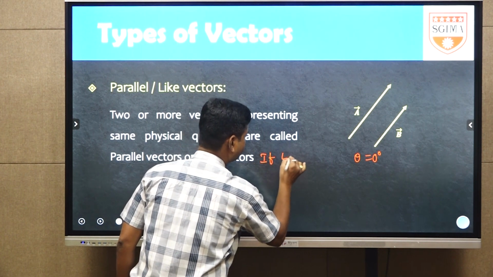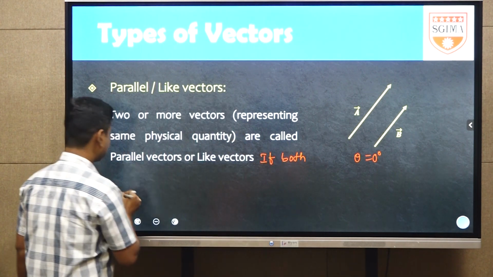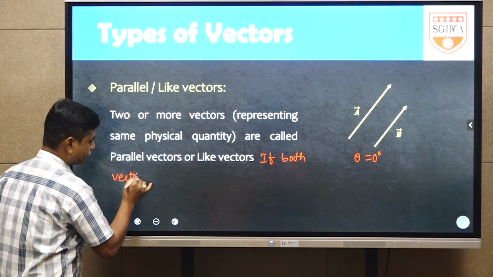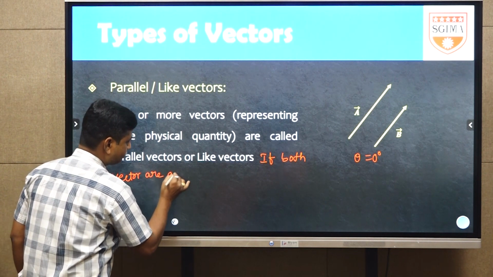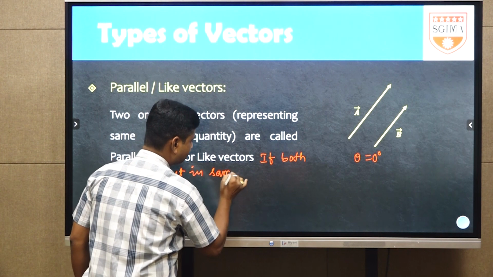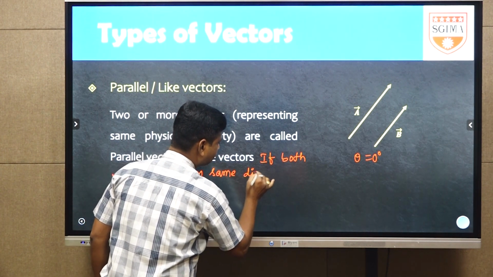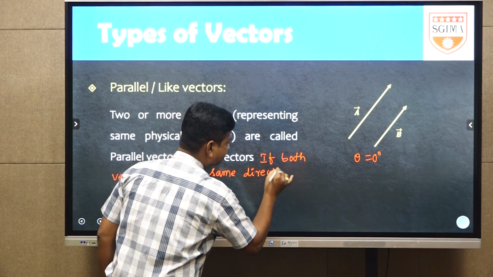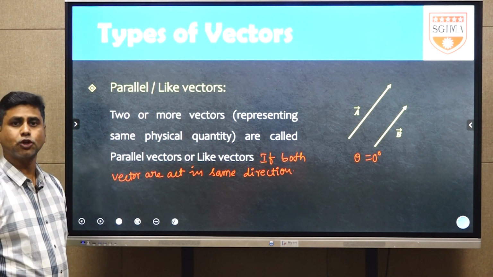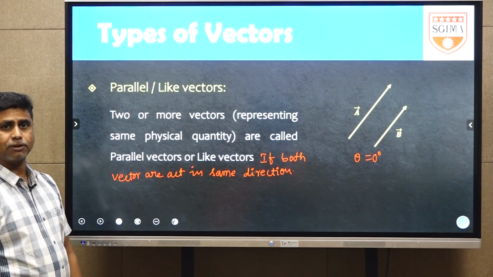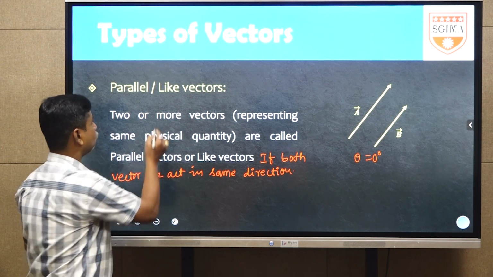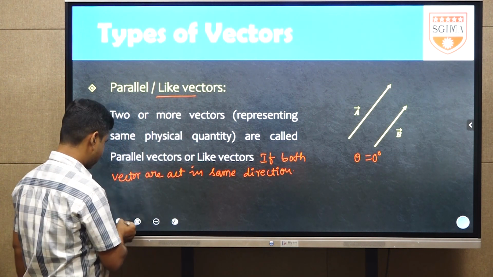If both vectors are acting in the same direction, then the angle between the vectors is 0 degree. Both acting in the same direction means the angle between them is 0 degree. Then the vectors are called parallel vectors, or one more word, like vectors.